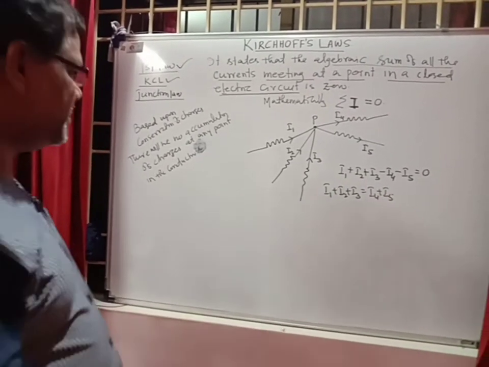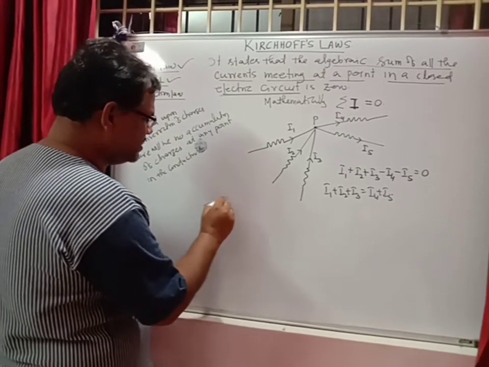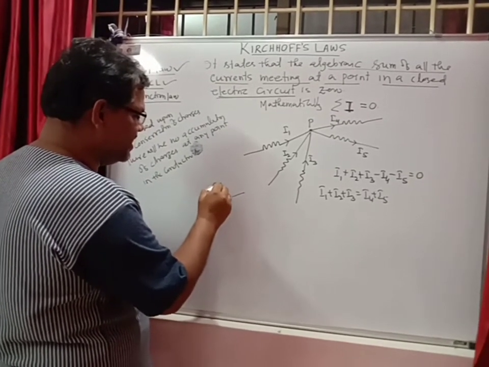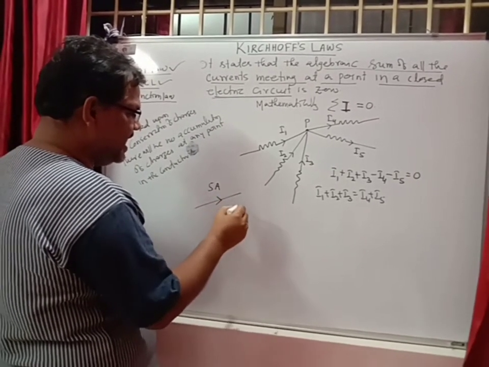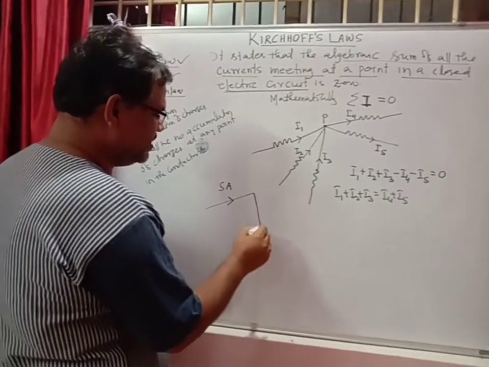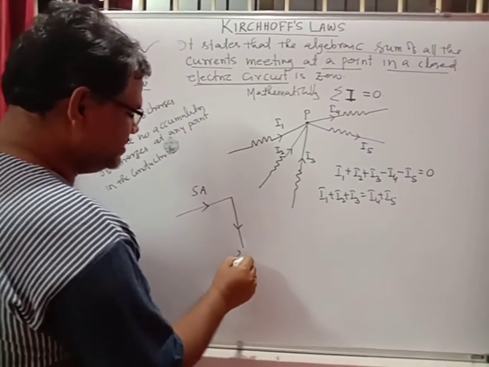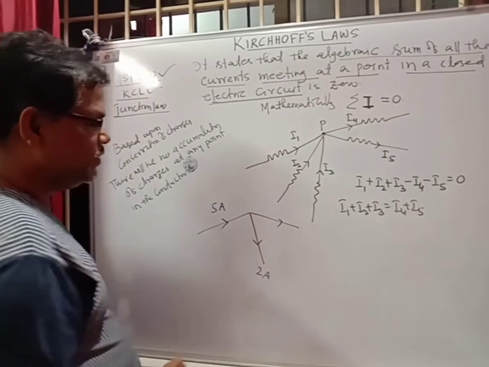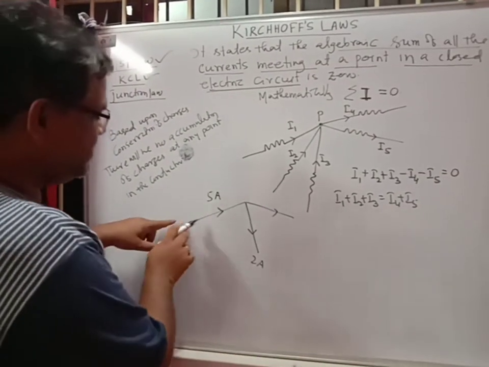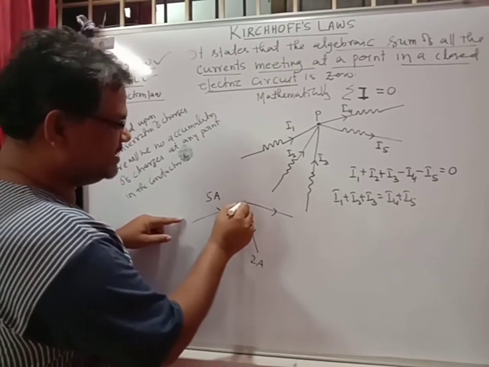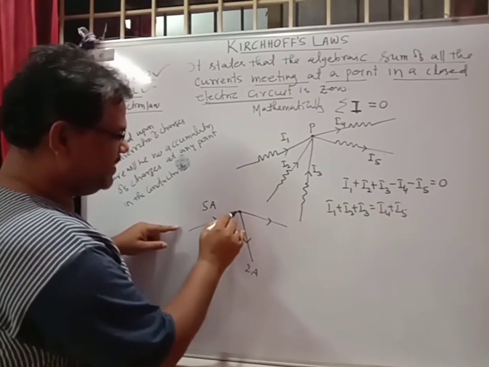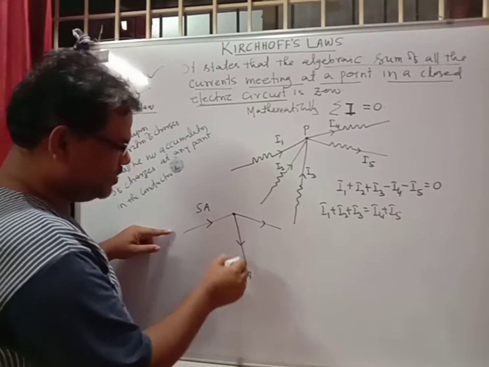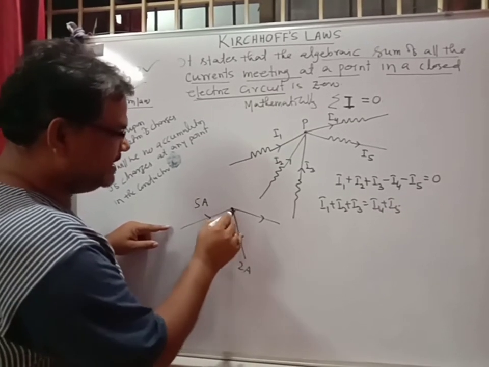For example, suppose a 5 ampere current is moving along this way, and another 2 ampere current is leaving, and the remaining current is also leaving.